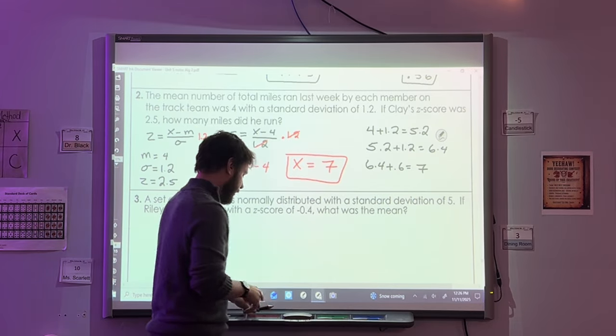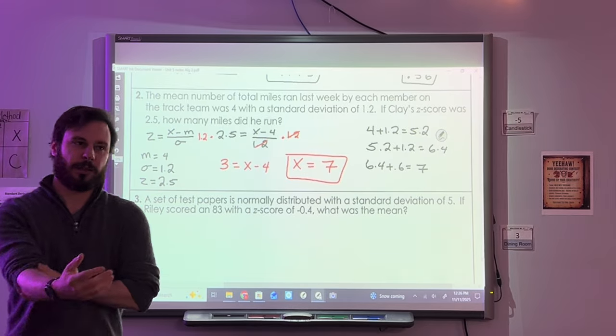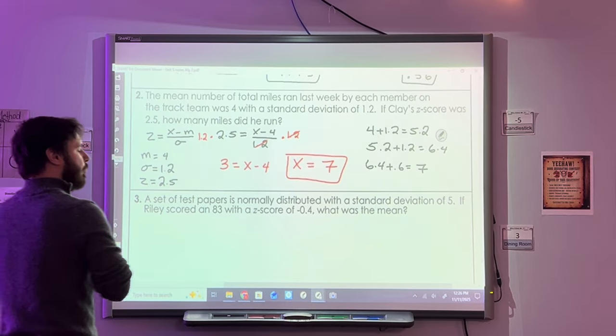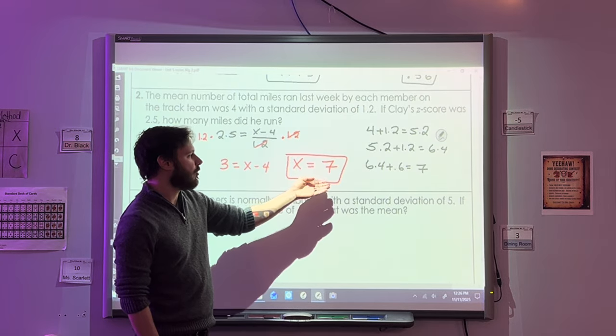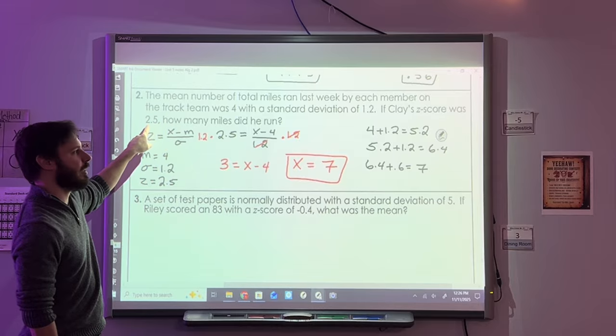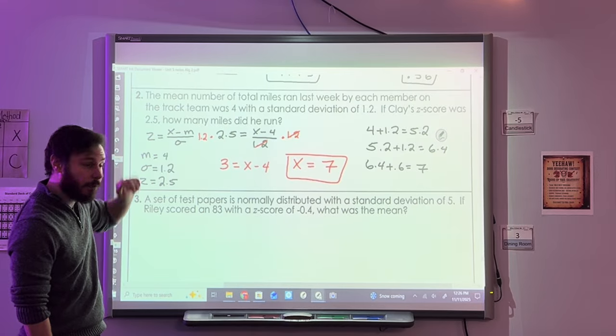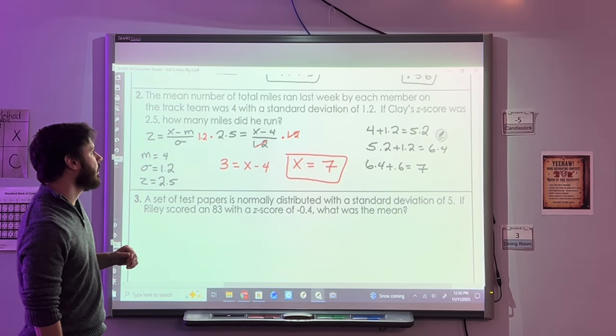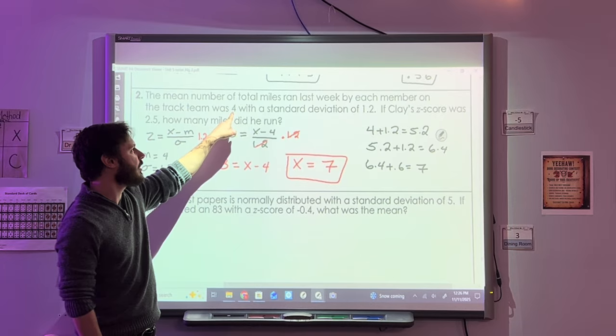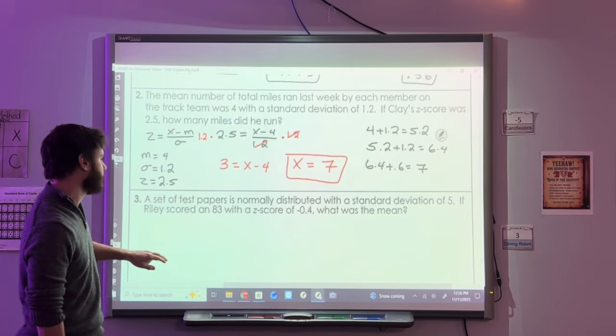So yeah, that does make sense. We could do that algebraically the long way, but it's not all nice and neat. The point is, if we scored well above the mean with a 2.5, that means he did very much better than average, then we should see a score pretty substantially higher than 4.